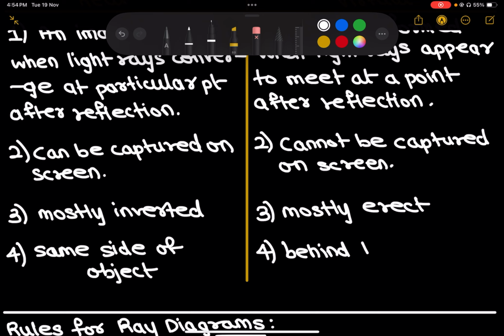So the virtual image is obviously formed behind the mirror. So these are the 4 important points. Other than that, you can give a fifth point, which is an example. So example basically means which lens or which mirror gives real images and which mirror or lens gives virtual images.